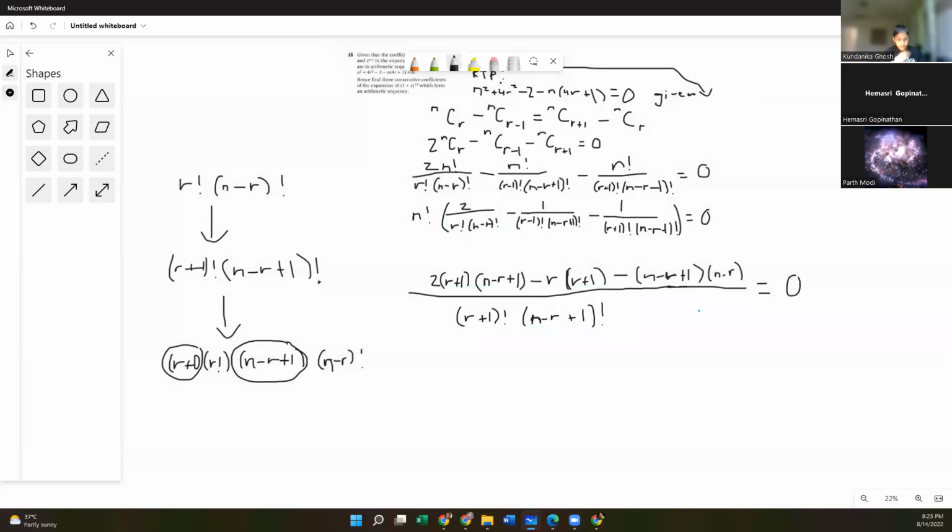Okay. So now what we want to do is fully explore this. First thing we can do is multiply both sides by r plus 1 factorial times n minus r plus 1 factorial to get rid of your denominator.